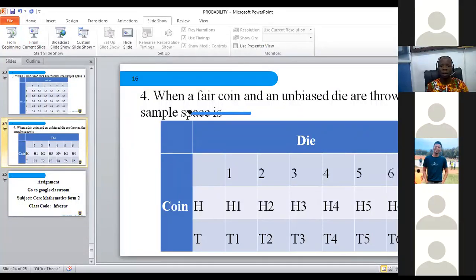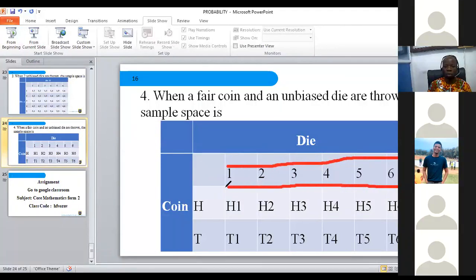If you toss your die, it will give you the result 1 to 6.